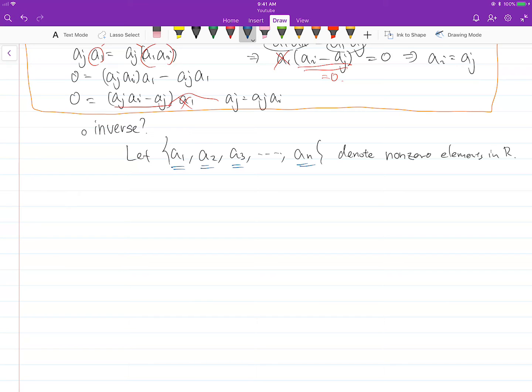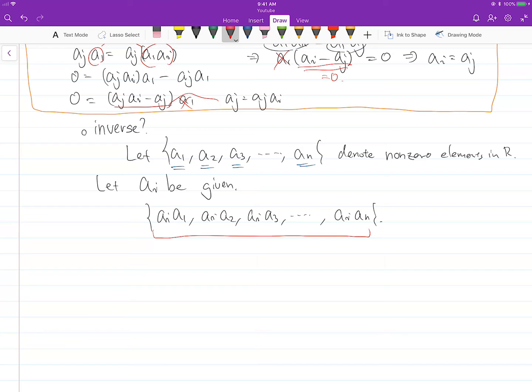So let's talk about a_i, given from this set. What I'm going to do is multiply a_i with each element: a_3, ..., a_i, ..., a_n. Again, exact same argument as the one above. These elements are all distinct.